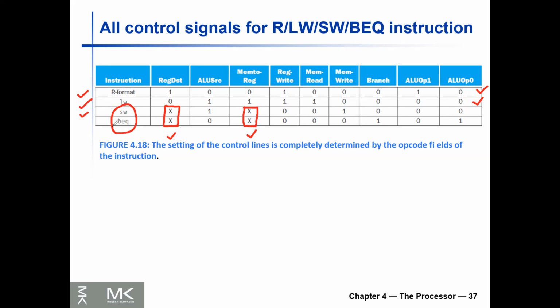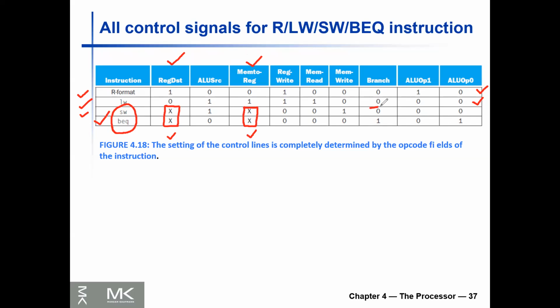Am I right, girls? If you find register destination and memory to register are don't care, you can quickly say in your mind it is either SW or BEQ, right?